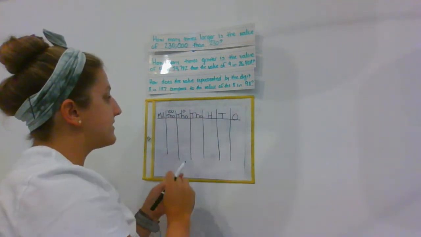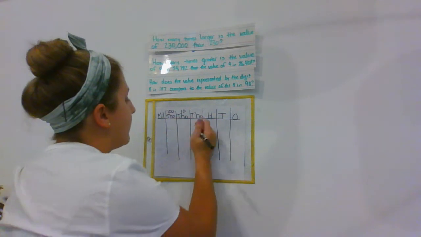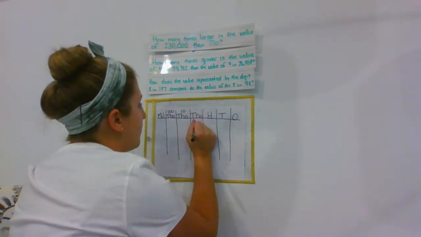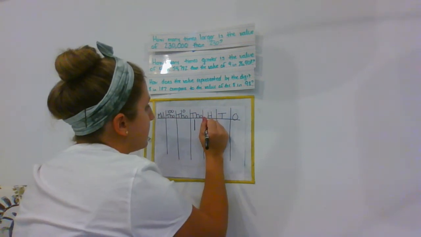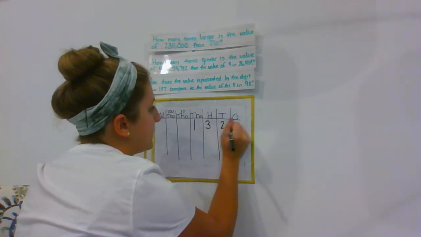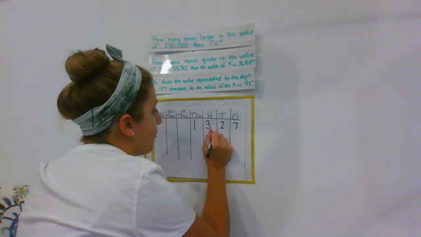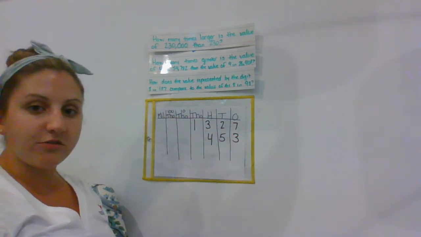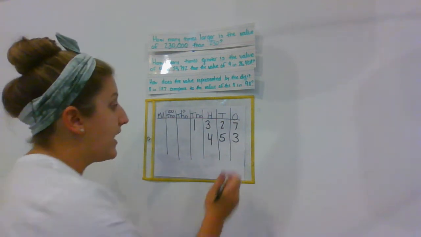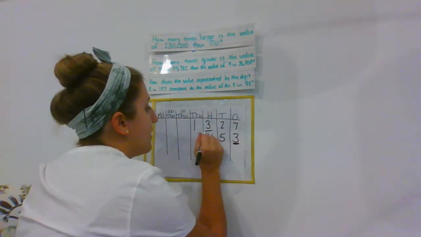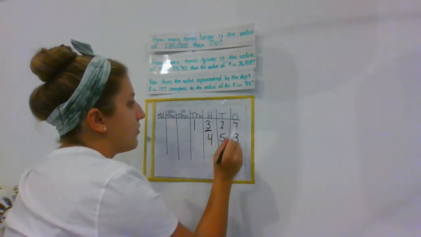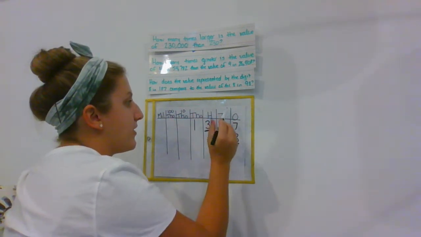Let's do one more example. If the question asked us to compare the value of 3 in 1,327 and 453, I would underline the value of both, and I'm going to draw arrows until I get to my other numbers.